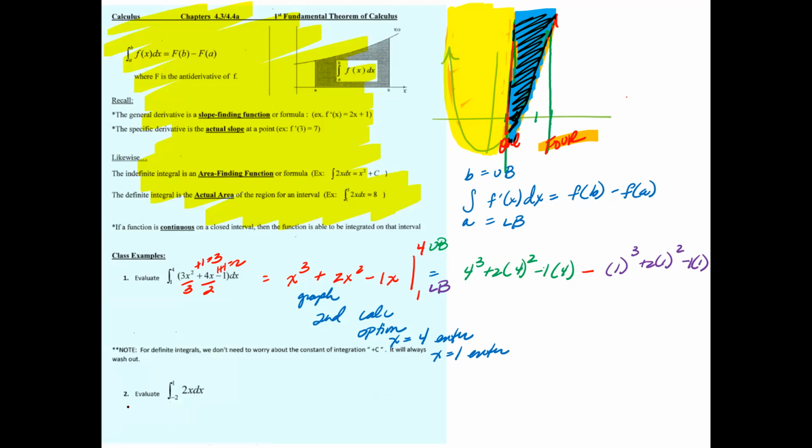Grab your calculator, work your magic. Your upper bound is going to give you a number of 92. And then, of course, your lower bound is going to give you a number of 2. So my area underneath the curve between 1 to 4 is 90 units cubed. And that is your answer.